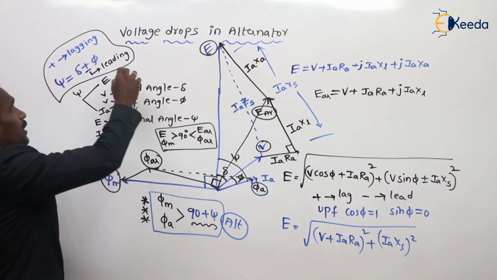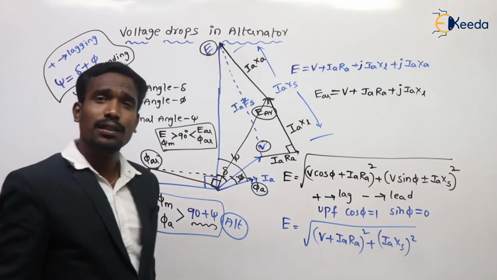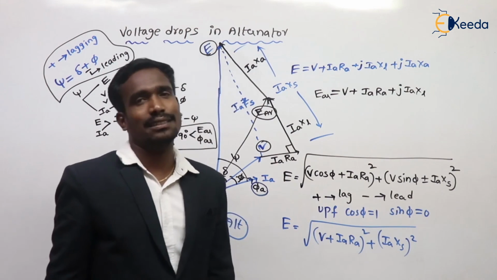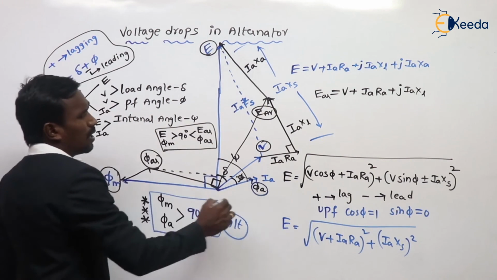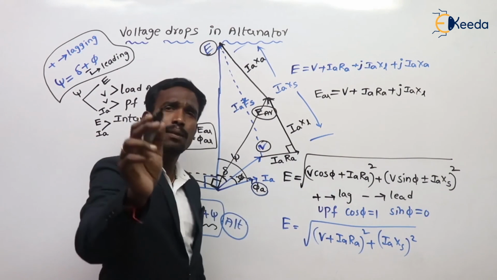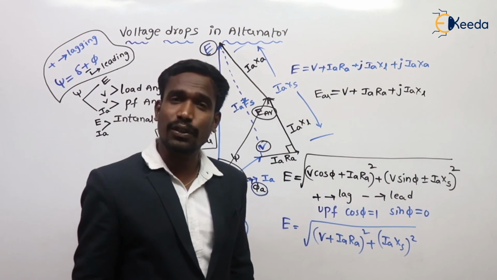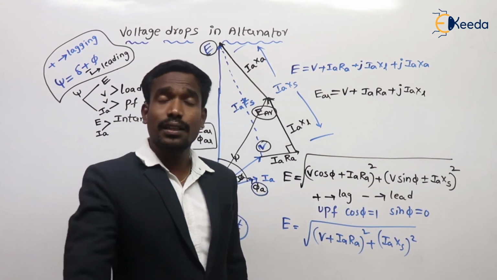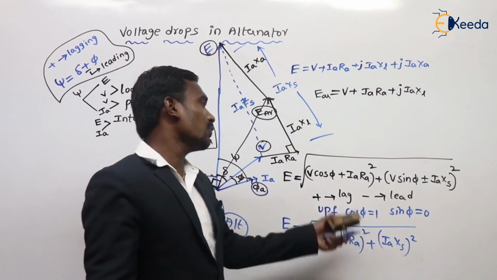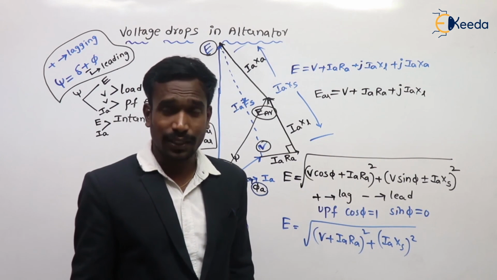Here we have two formulas. One is psi and another one is the angle between armature axis and field axis. And then the EMF equation is very important for our examination. They will ask you a question on this EMF equation indirectly. Even in voltage regulation we need this EMF equation, right?